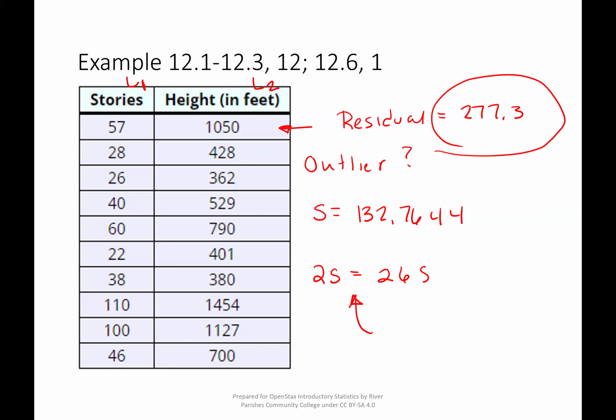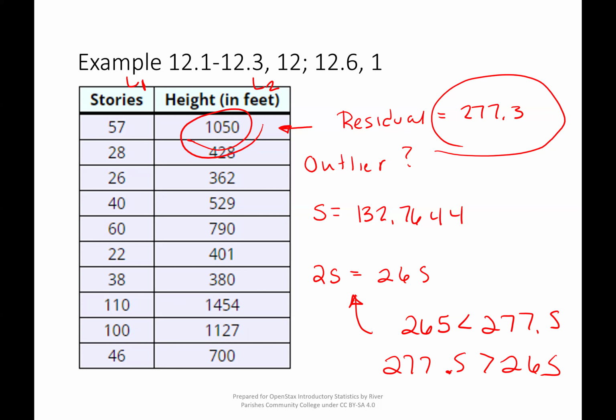So since 265 is less than 277, 2 standard deviations is smaller than that residual. Or you could look at it maybe this way, which would make more sense: 277.5 is bigger than 2 standard deviations.